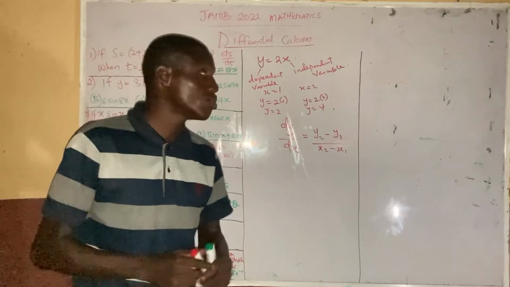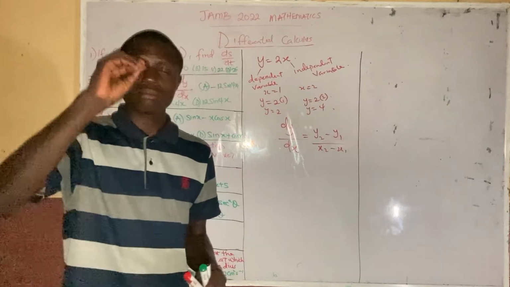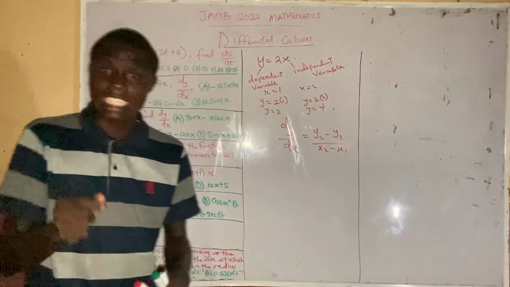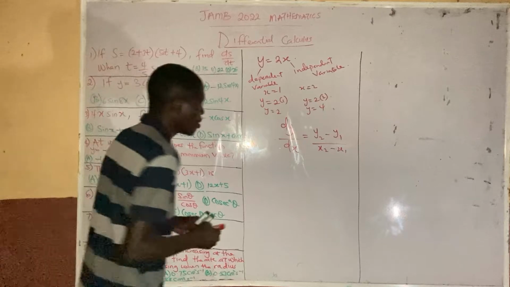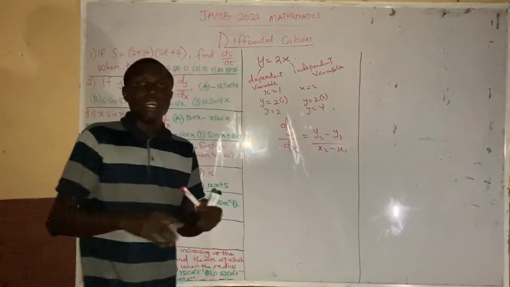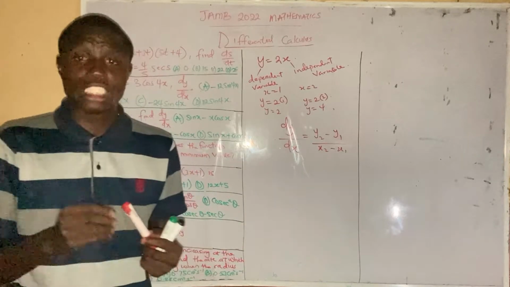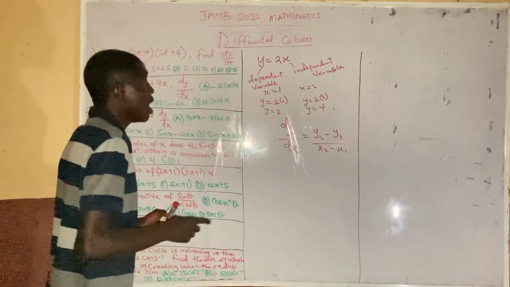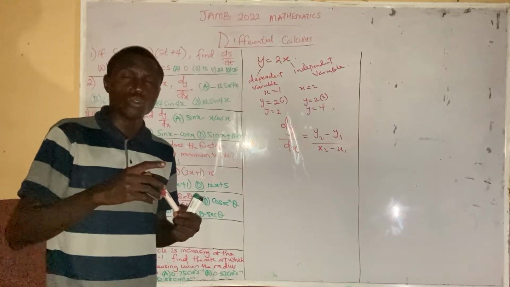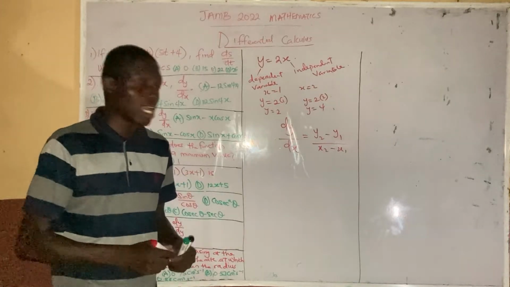The first thing you need to know is the standard derivative. Before we go into standard derivatives, let me give you a general function that will enable you to know how to use this derivative in the exam.